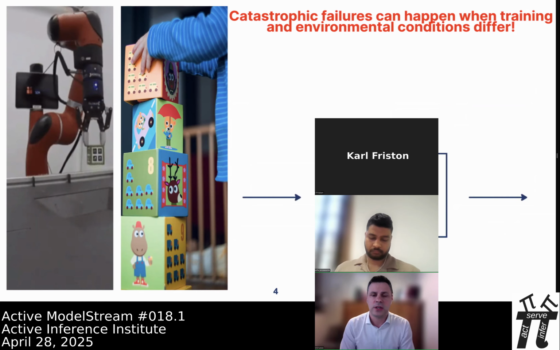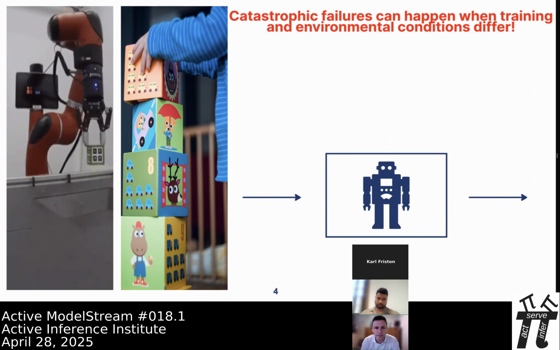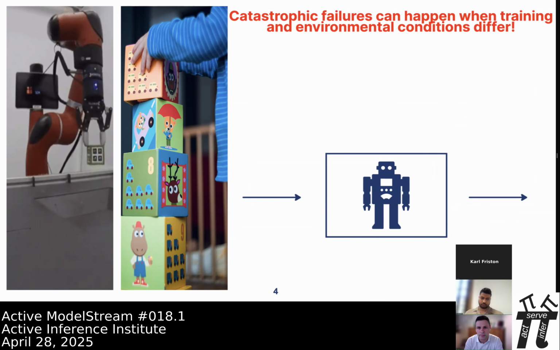So the angle that we are going to discuss today is an approach based on free energy minimization that tries to install robustness into the decision-making problem. Again, I speak here from the viewpoint of a person who comes from control theory.